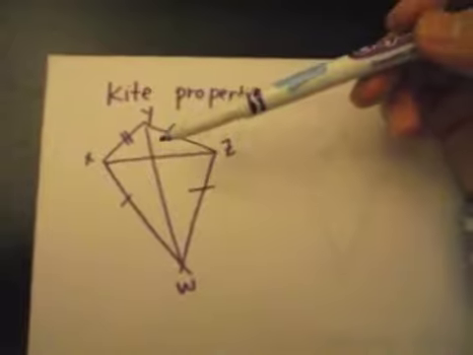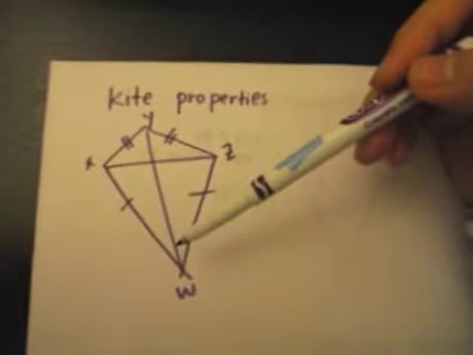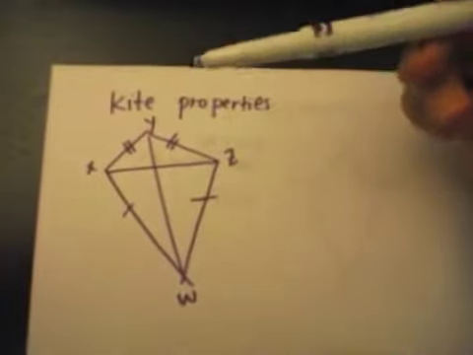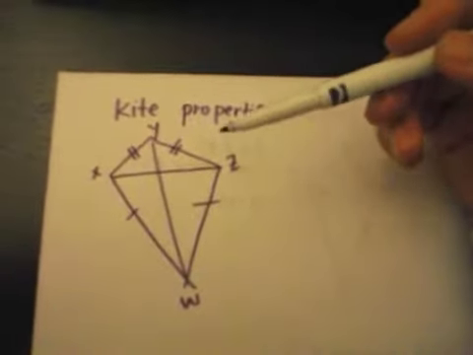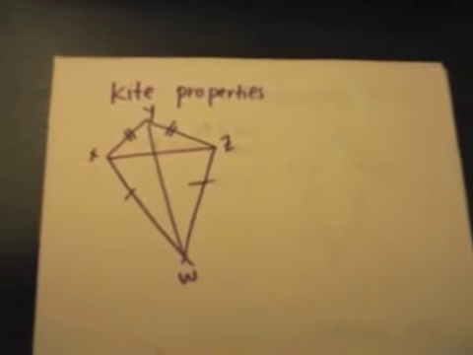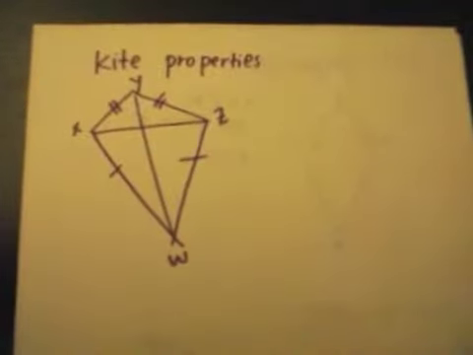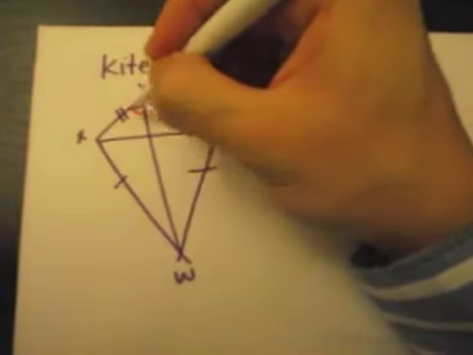So if you draw the diagonal that connects these two angles, what happens is that the vertex angles become bisected. So what does that mean? Well, that just means that those vertex angles are cut in half. Remember, bisecting means cut in half.